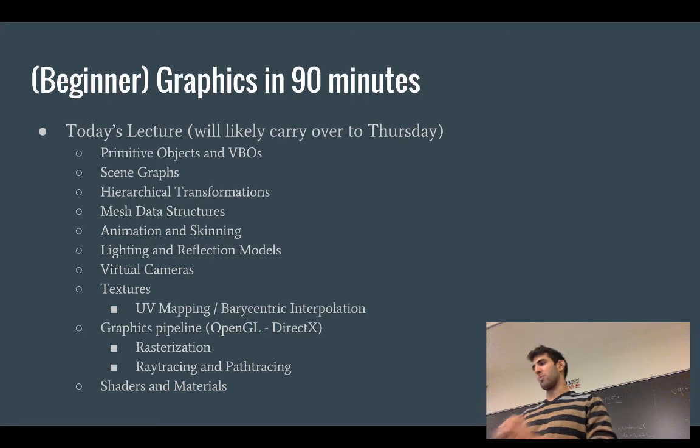So we're going to start with primitives and VBOs, go through scene graphs, transformations, mesh data structures, and maybe a little bit of animation today. The goal for today is just to get through that first half. And the second half, so lighting and reflection models, virtual cameras, textures, the graphics pipeline, and shaders, is what Trung is planning to cover on Thursday. So just kind of whet your appetite a little bit there.